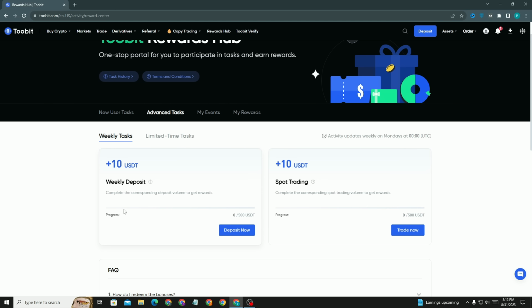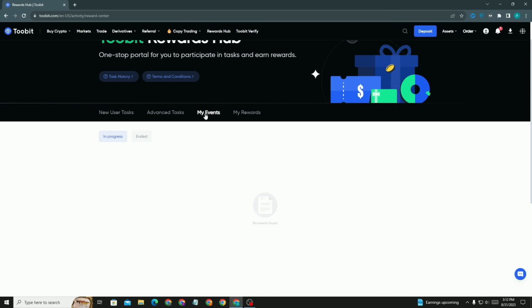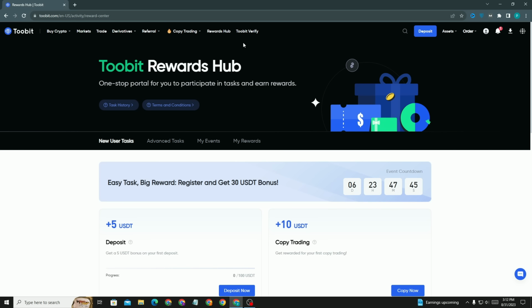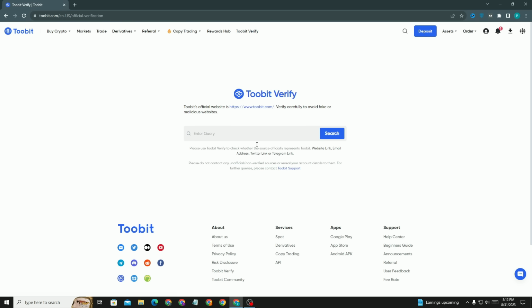You can also do the weekly deposit and spot trading. Weekly tasks are also here for you. So if you wanna go long term with the Toobit platform, simply you can do as it is. There is no event in progress right now. So for my rewards, I don't have any reward over here. If I deposit some amount of money or invest here in the Toobit platform, then definitely I will get some amount of reward over here.